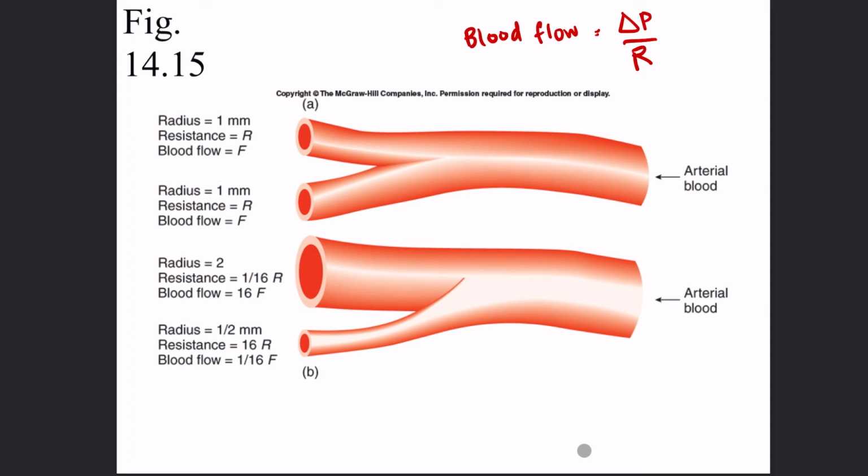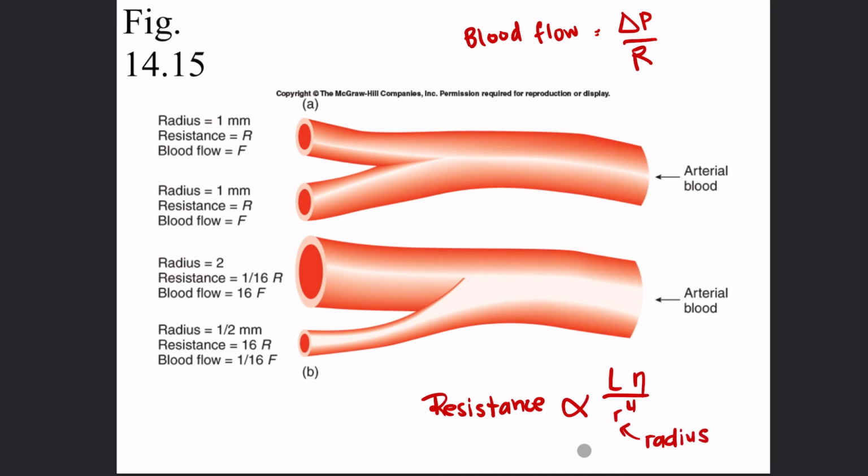The bigger the tube, the less resistance, because resistance is proportional, this is the sign for proportional, to the length of the vessel, the viscosity of blood, and then inversely proportional to the radius of the vessel.